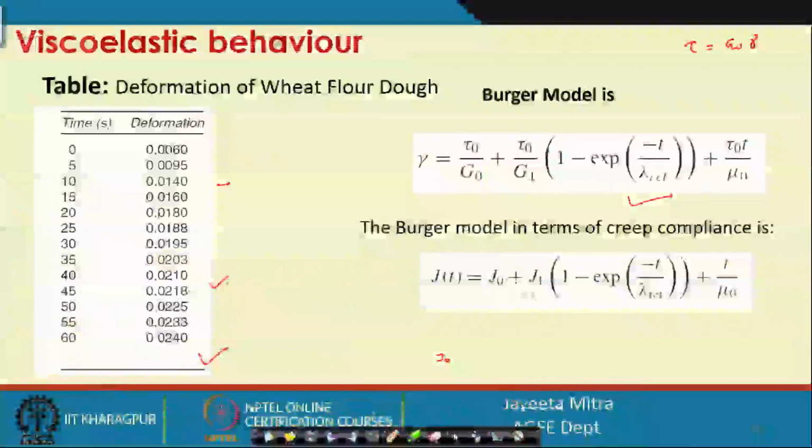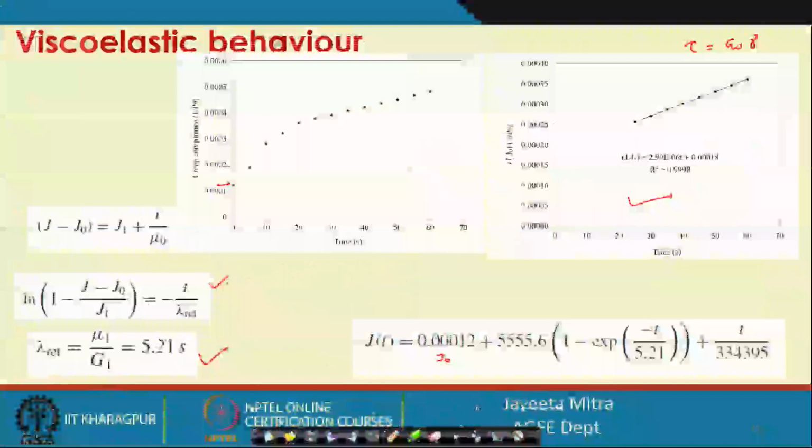See the equation: J 0, then J 1 and lambda retardation, and mu 0. Okay. So, here we are getting J 0 from this plot. Then once we get this value, J 1 will be calculated from here.